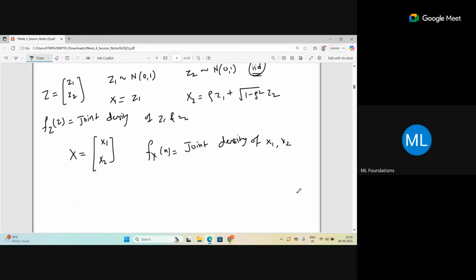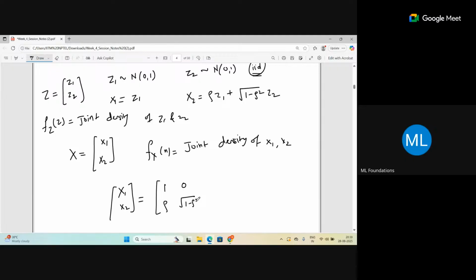If I want to write X1 and X2 in matrix-vector format, how will I write it? X1 and X2 can be written as the matrix with the coefficients 1, 0, and rho and root of 1 minus rho square, times the vector Z1 Z2.